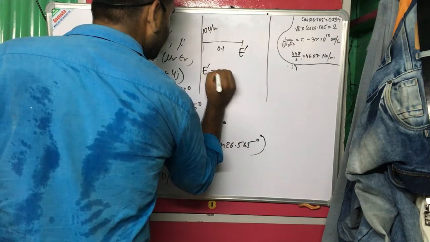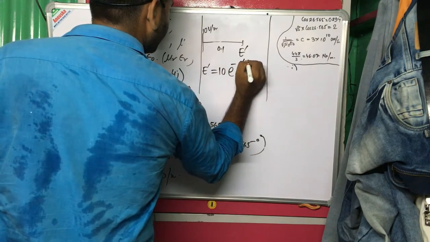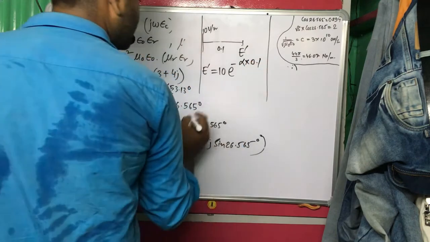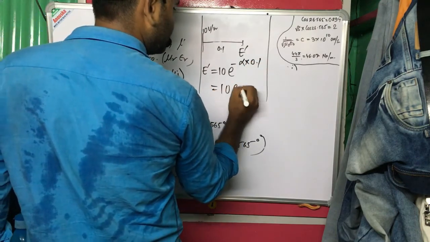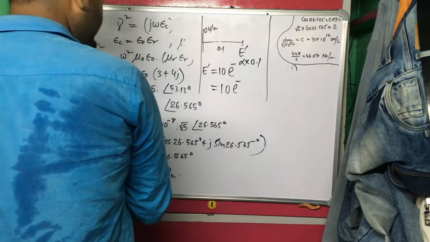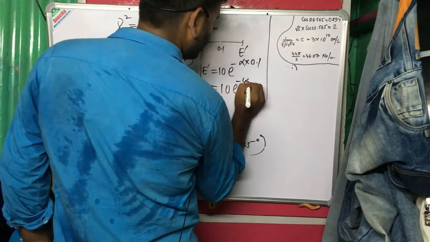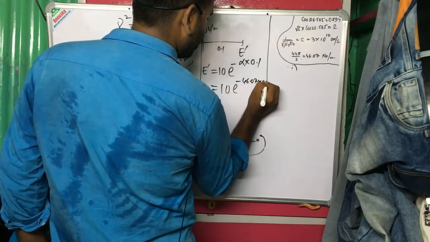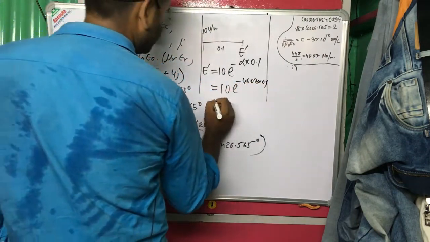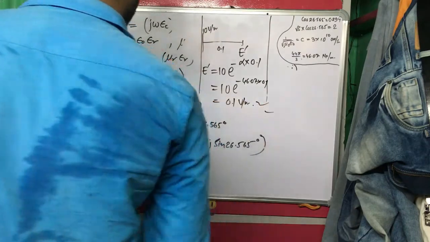So E dash will be 10 into e to the power minus alpha into 0.1 meter. So this is basically 10 into e to the power minus 44 pi by 3, and 44 pi by 3 is basically 46.07, into 0.1, so you can calculate it. This is basically 0.1 volt per meter, right? So this is the answer, 0.1 volt per meter.